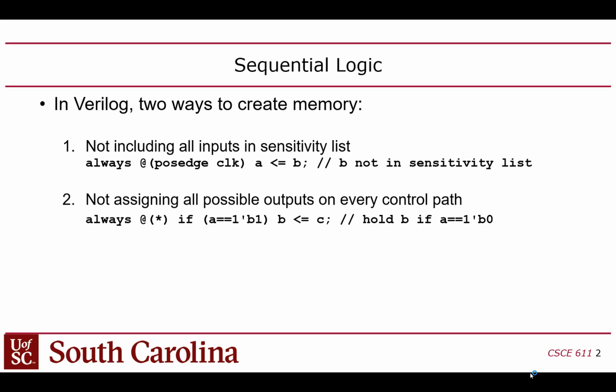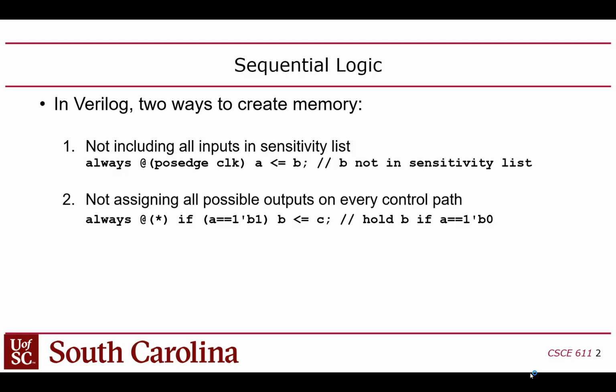Another way, though, is if you have always @(*). Always @(*) means that anything that's treated like an input in the always block, if there's a state change of anything treated as input, it'll activate the always, right?